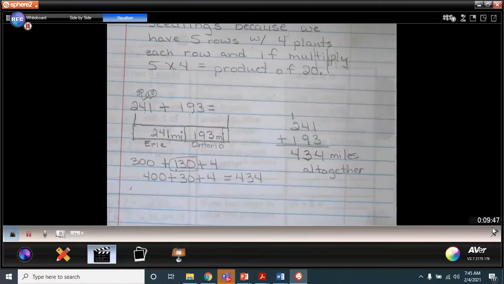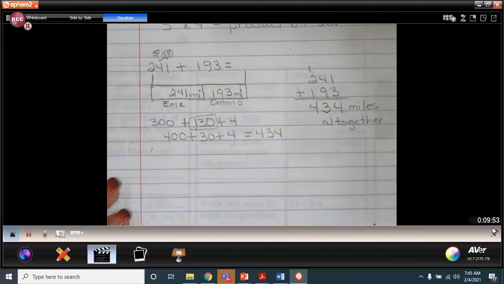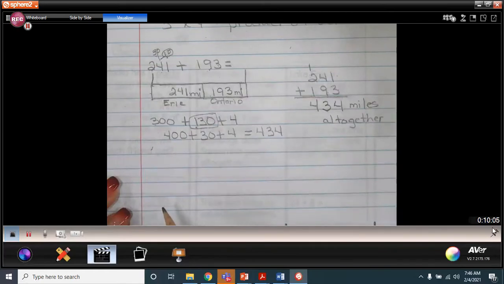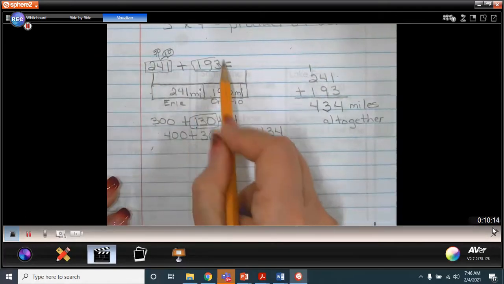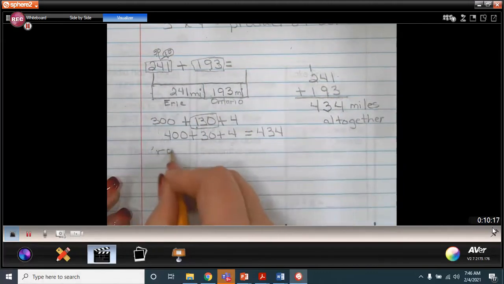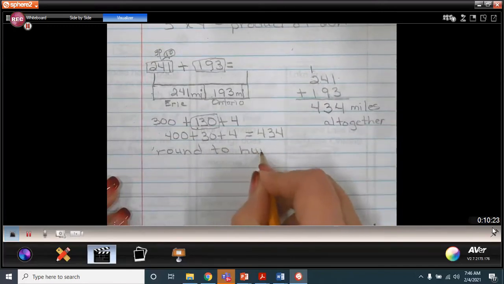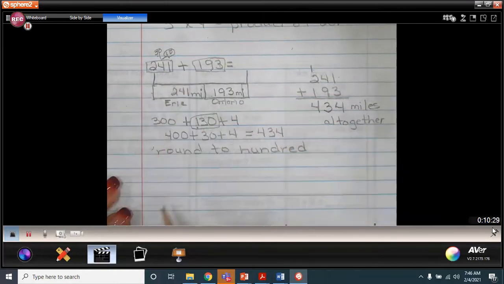Now, if I were going to estimate, what if they said about how long this would have been? Well, the word about would have let us know that we were going to estimate this problem. So what I want you to do in today's discussion for your clue words, I'm going to have you take 241 and 193, round them to the closest 100, and put an equation in there and find the estimate when you round each one to the nearest 100.